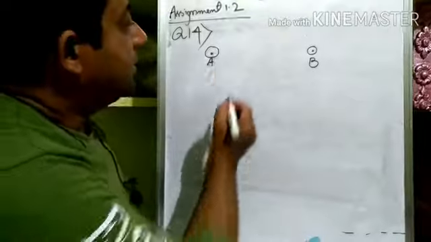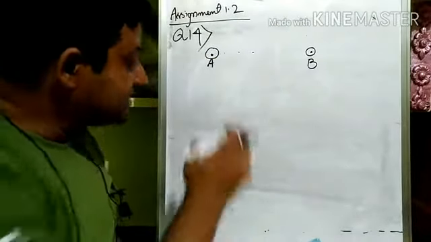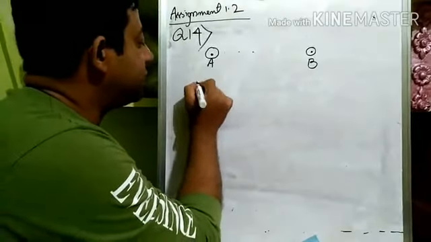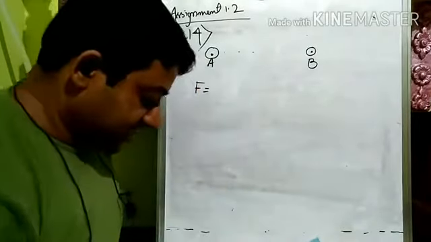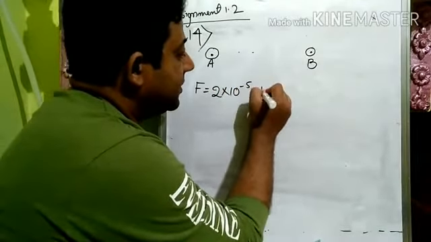Okay, so they repel each other. Identically charged means same charge, like charges, right? Like charges will repel each other. They repel each other by a force F, and that F is given to be 2 into 10 to the power minus 5 Newton.